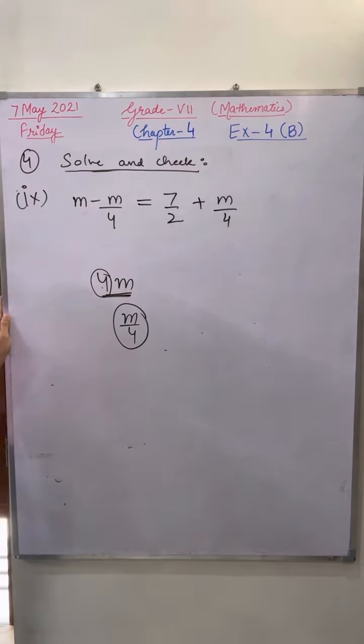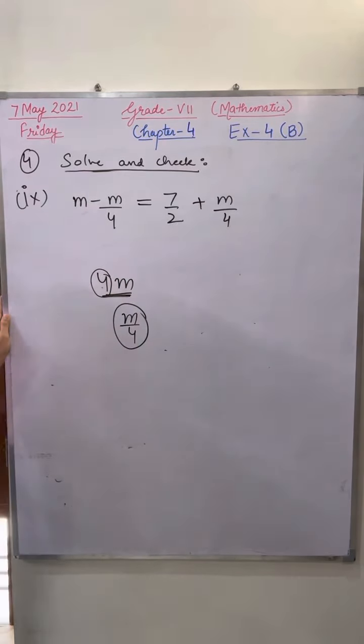Now, this is a variable on the right hand side, so shift this variable to the left hand side by applying the transposition method. Just try to understand the concept. If the concept is clear, you can solve any equation, any part at home by yourself.